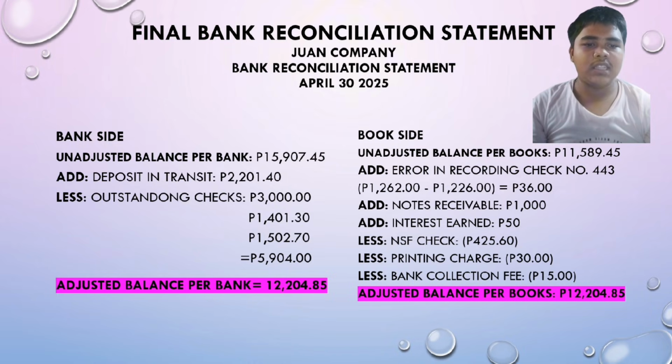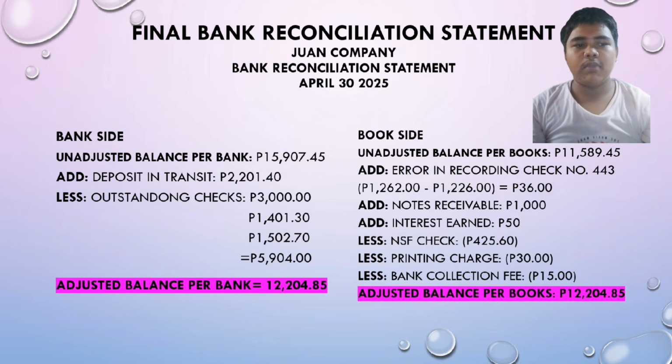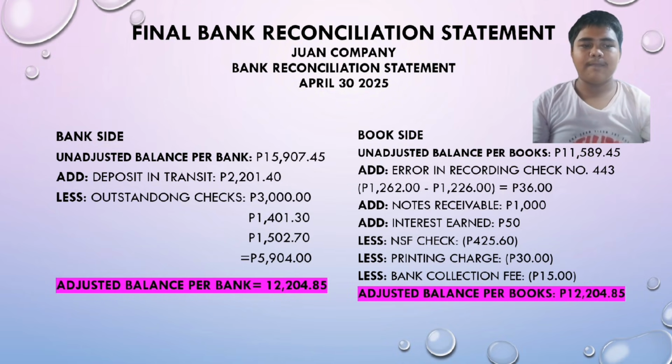Then we get the adjusted balance per bank. In the book side, we also get the unadjusted balance per book. We add the error in recording check, notes receivable, interest earned, then subtract NSF check, printing charge, and bank collection fee, until you get your adjusted balance per book, which is also still balanced.